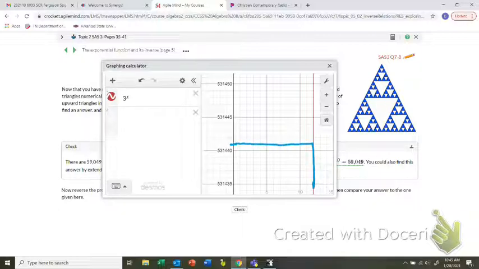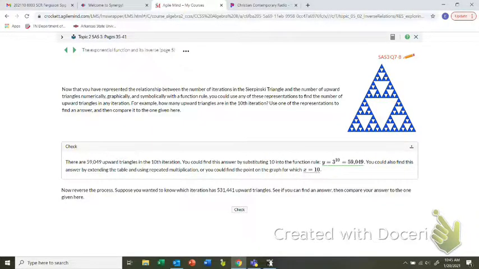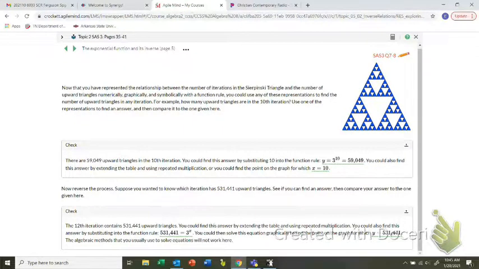And this is on the 12th spot. All right, so you can also do it that way until we learn algebraically how to do this. Okay? If you click here, it'll tell you the 12th iteration.